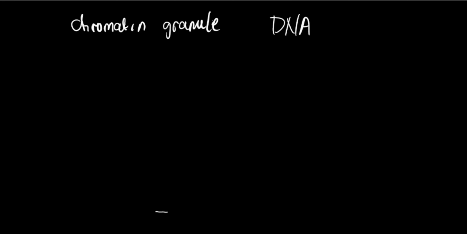Earlier we considered the nucleus, and we said of course we have chromatin granules. Now these chromatin granules contain about 30% DNA, about 60% histone proteins, and then about 10% RNA. Now, DNA, as we stated earlier, is a polymer of nucleotides.